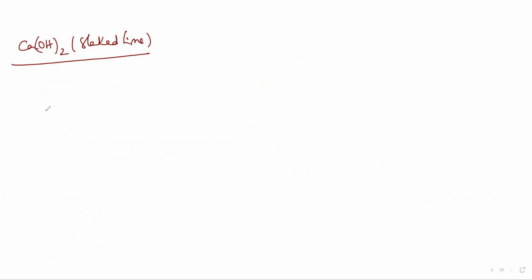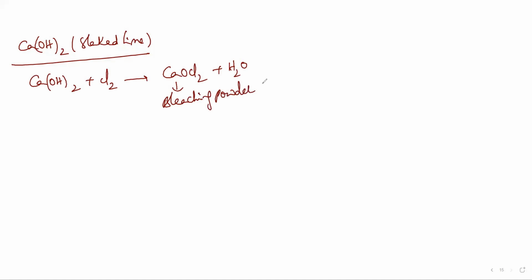One important point we need to discuss here: if chlorine gas is passed through slaked lime, that is calcium hydroxide, then you will get CaOCl2 plus H2O. So this is what we call bleaching powder. Bleaching powder is obtained by passing chlorine gas through calcium hydroxide.